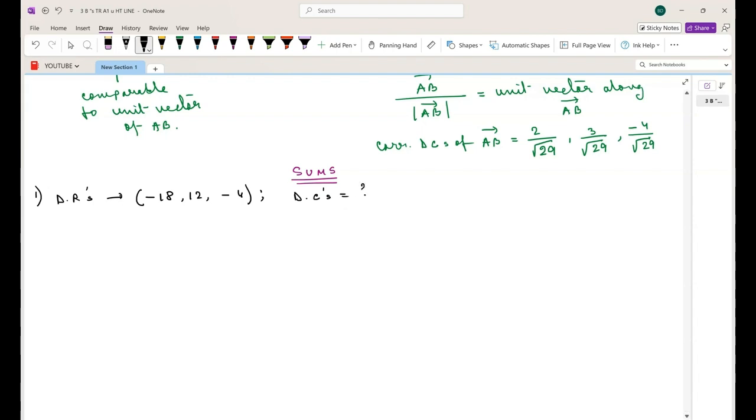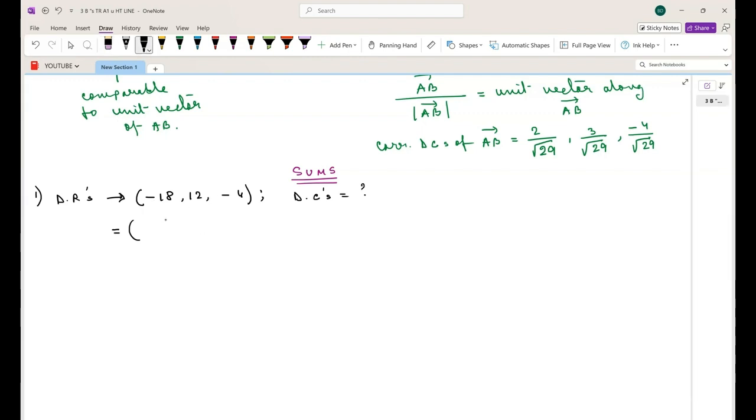Now, the direction ratios are this, which we can further reduce, right?